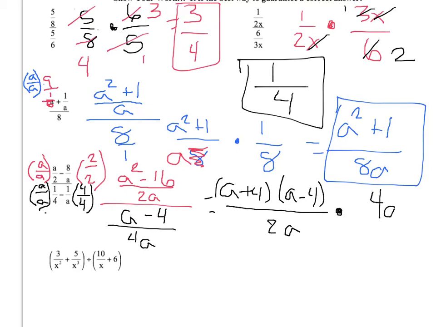Flip your second fraction, nothing factors there. Cross off what you can, which is our a minus 4's. A's, 2 goes into 2 once, goes into 4 twice. So I will be left with in the numerator 2 times a plus 4. Denominator is just a 1, so you don't even need to write it because it's just a 1.